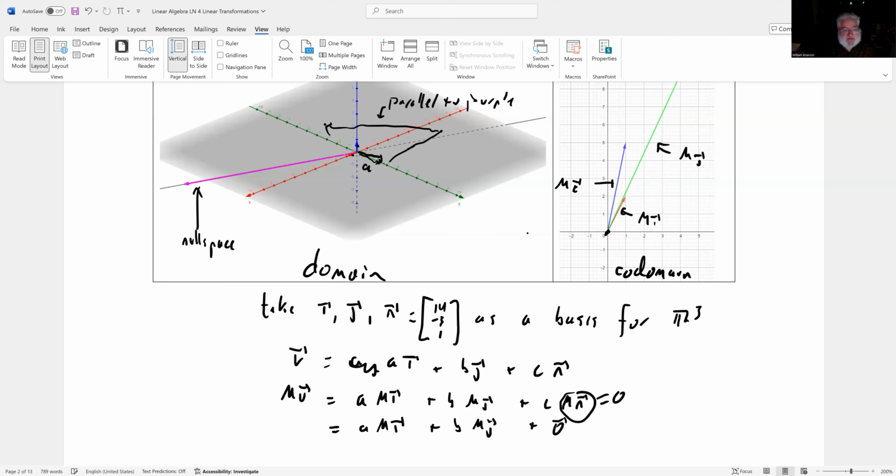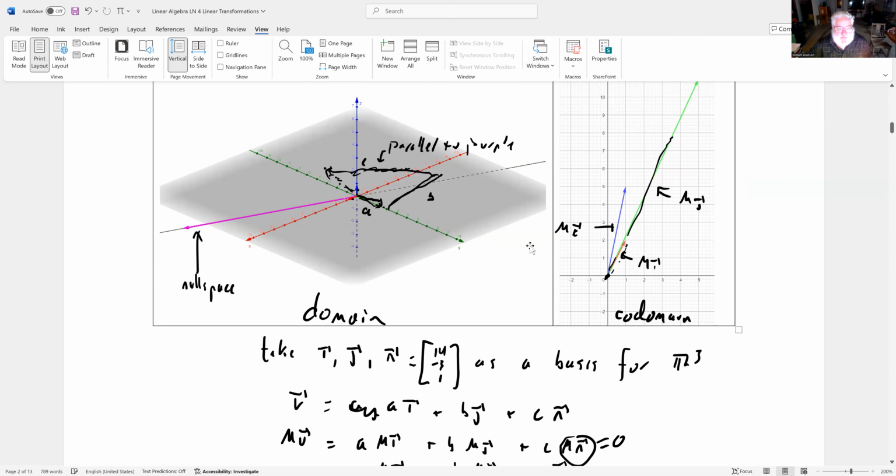So if this is a steps in the x direction and b steps in the y direction and c steps in the n direction, what happens is that I go a steps in this direction plus b steps of this vector, and that's where this vector here gets mapped to that, because what does the function do? It just erases this part and keeps this part, but transfers it over into the plane.